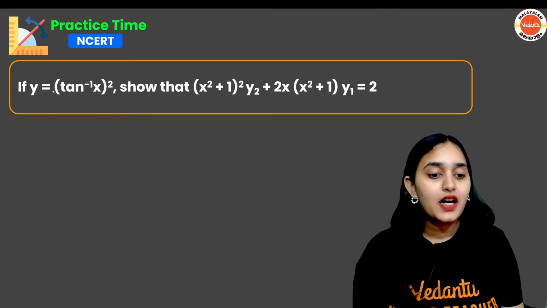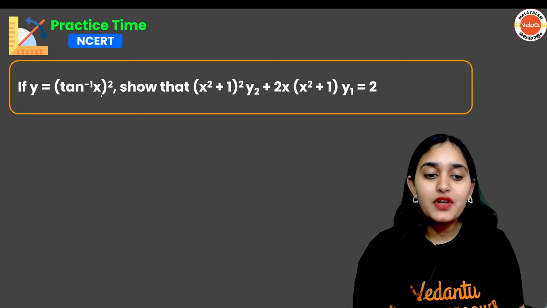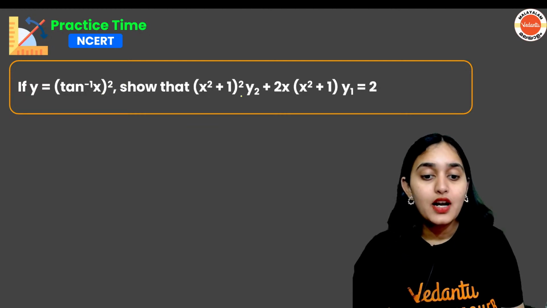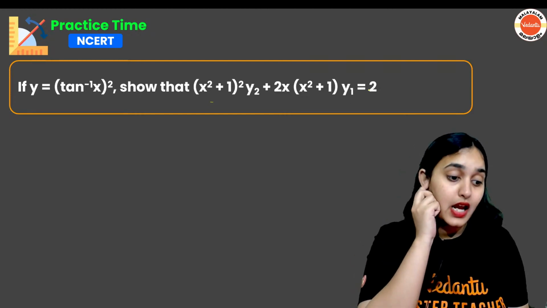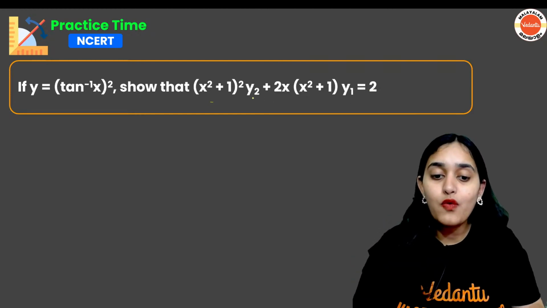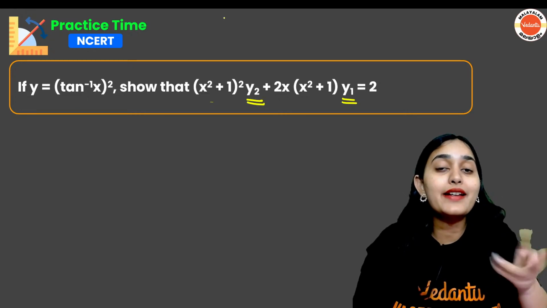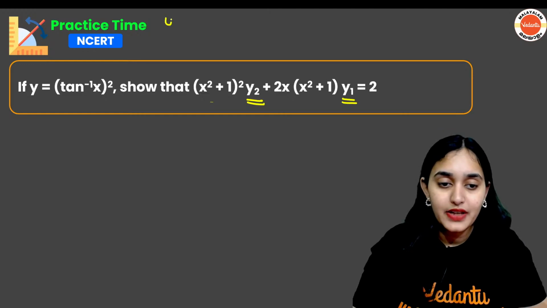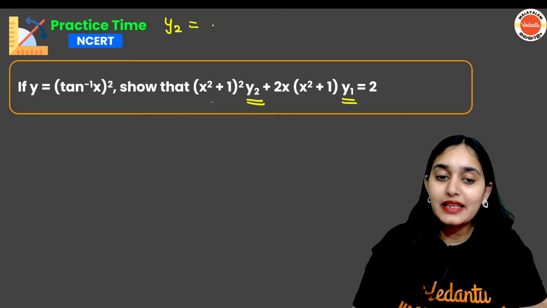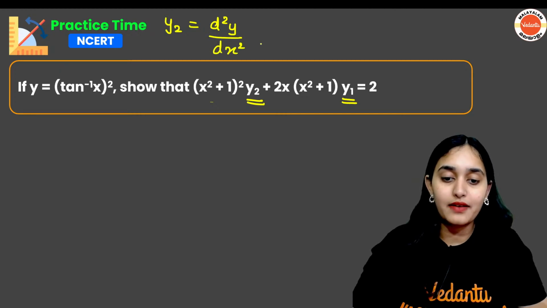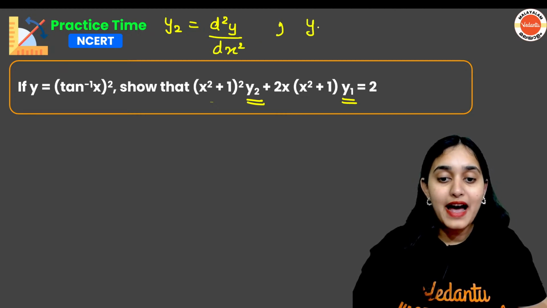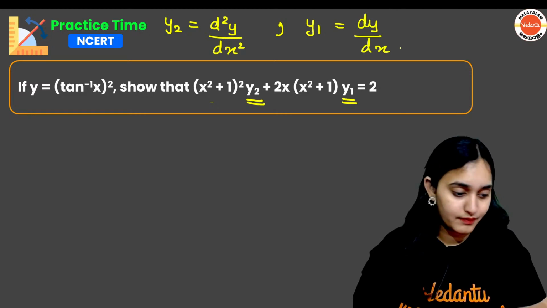If y is tan inverse x whole square, show that this plus this is equal to 2. Now here we need to understand what y2 and y1 are. y2 is nothing but d square y by dx square. y1 is nothing but dy by dx.